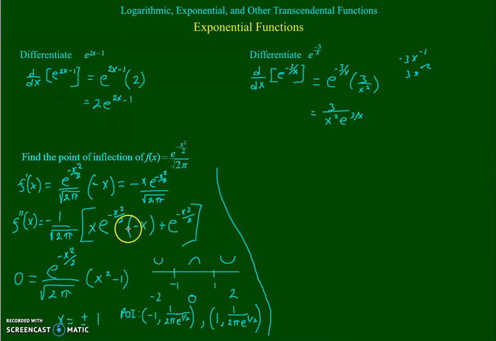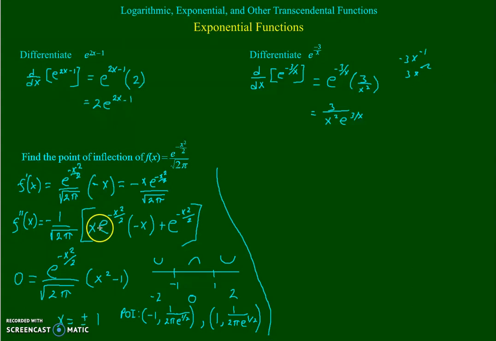And then to consolidate these, be careful on this part of it, because what we have is this x times this x is negative x squared, but I'm going to pull out that negative 1 out of each of these terms. So I'm going to pull out that negative 1. This negative 1 times this negative 1 becomes a positive, so there's no longer a negative sign. However, when we pull a negative 1 out of this, this becomes minus e to the negative x squared over 2. So we just change the sign of each one of these terms.